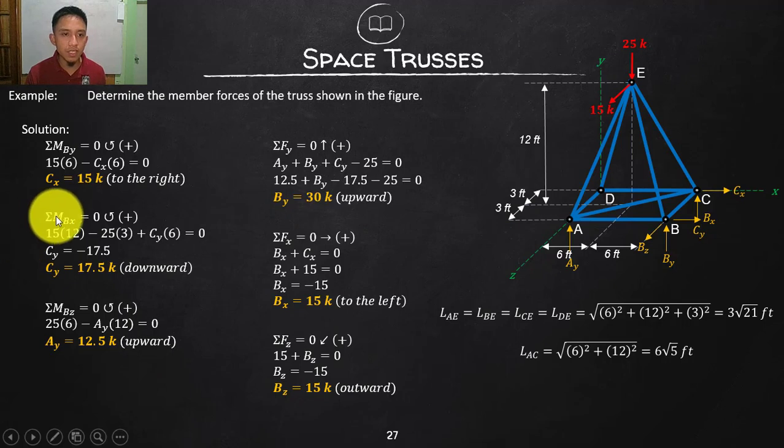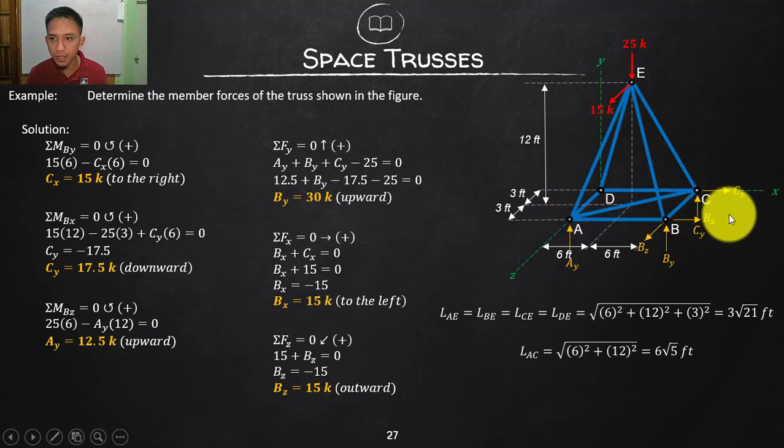Now I will take a moment still at point B, but this time about the x-axis. This is our reference axis, which is collinear with member AB. So imagine member AB as your axis of rotation. Whatever is passing through it, and whatever is parallel to it, has no moment. So whatever is parallel to x, which is your CX, has no moment.